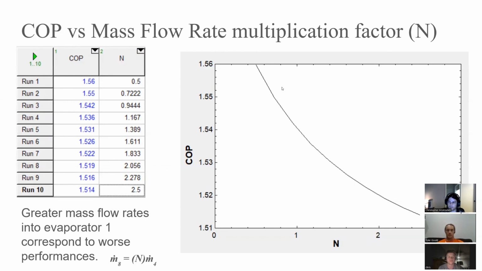So if less flow rate was provided to evaporator 1, more would be going into evaporator 2, causing the variable cooling load of evaporator 2 to be higher. But it should be noted that the difference between having a higher mass flow rate and a lower mass flow rate is very, very small. There's not a terrible amount of difference.